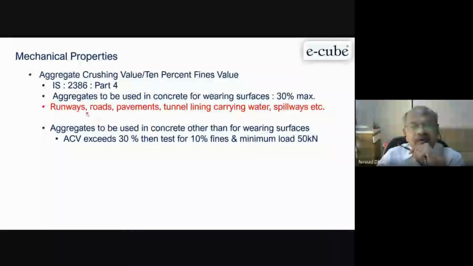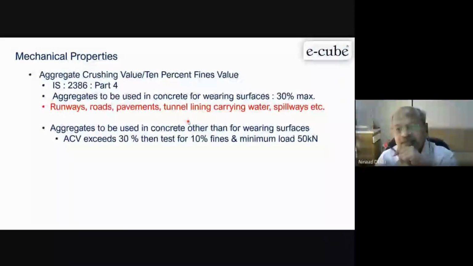Whenever you are using aggregates for wearing surfaces like runways, roads, pavements, and tunnel lining carrying water, because these also get a lot of abrasion and spillage, we cannot use aggregate having an aggregate crushing value of more than 30%. This is the limit whenever you are using it for roads.